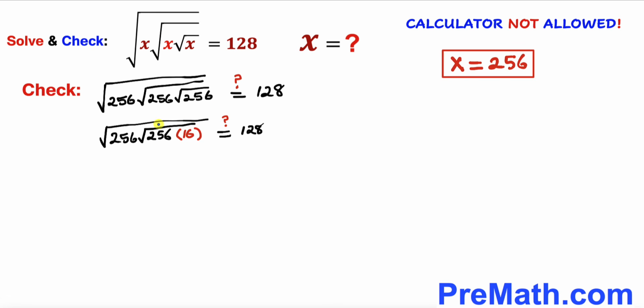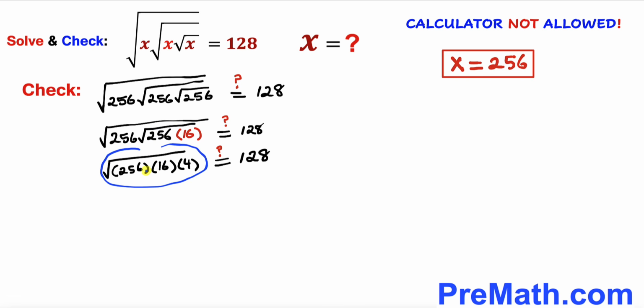Now we are going to focus on this square root: 256 times 16. The square root of 256 is 16, times the square root of 16 is 4, as you can see in this next step. Now we take the square root of everything inside this radical.